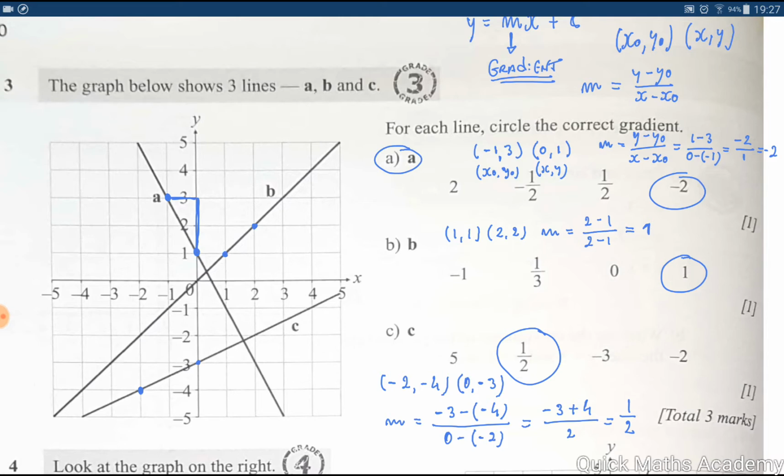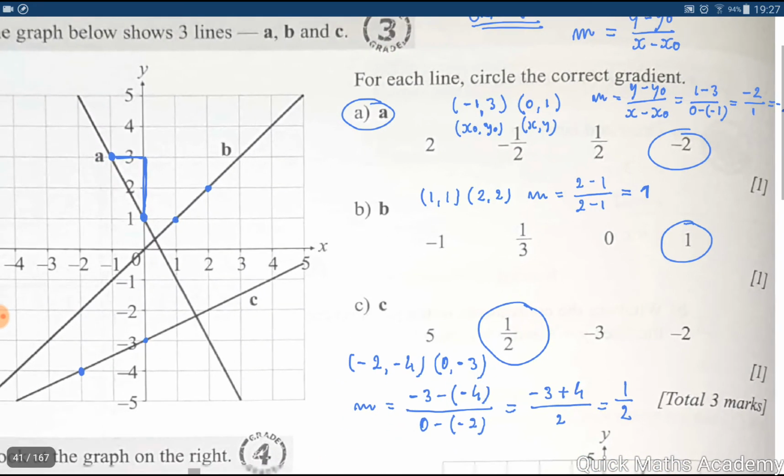So let's go for the line B, for example. In line B, you can see that for each x that I move, let's say I move 1 x, how many y's did I move? I move 1 y. So if for each x I move 1 y, that means my gradient is 1.